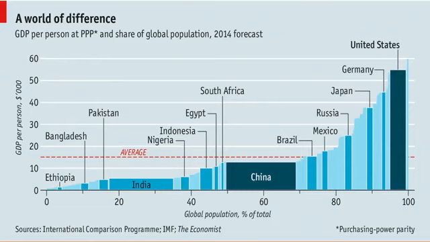So the area represented by each country, for example, the area here represented by India, is the total PPP GDP of the country. The height is GDP per person in terms of purchasing power parity measure. So the area is the total GDP, and then you can compare GDP of different countries.